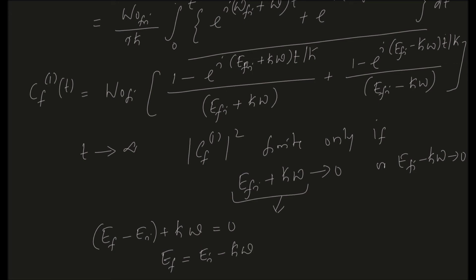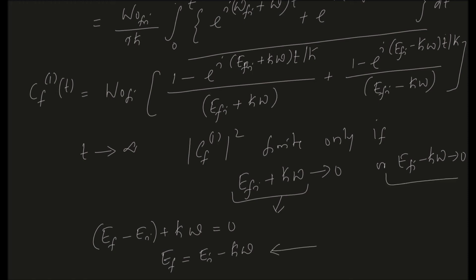So it tells you that your final state energy is less than your initial state energy by one unit of h cross omega. So it transfers a quantum of energy to the system, right? So there is an energy transfer to the system.